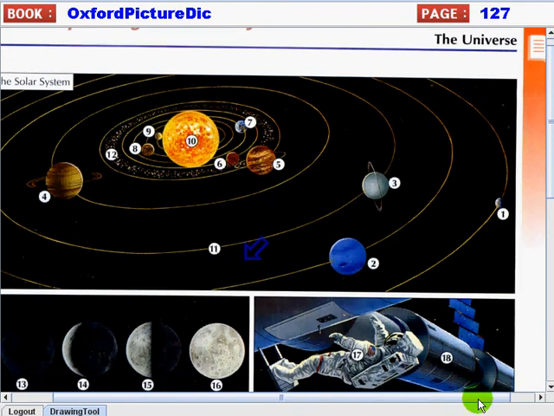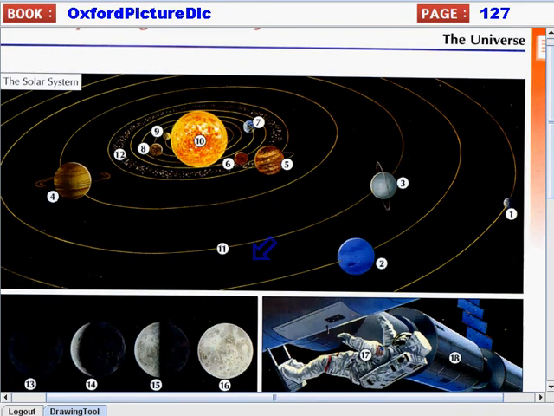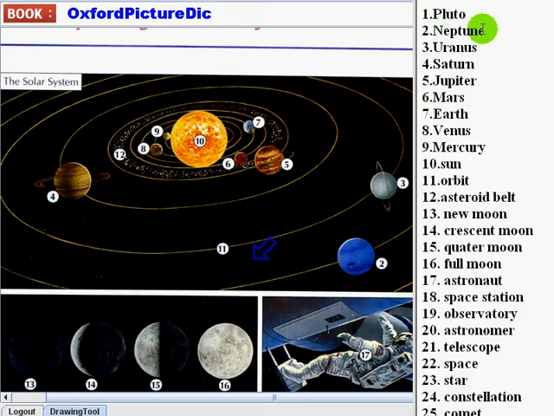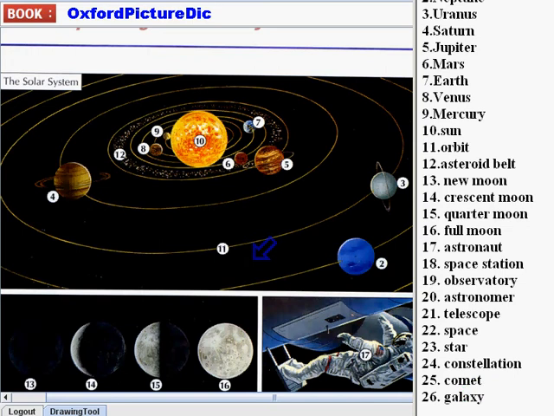The universe. If you remember, we learned the words Pluto, Neptune, Uranus, Saturn, Jupiter, Mars, Earth, Venus, Mercury, Sun, orbit, asteroid belt, new moon, crescent moon, quarter moon, full moon, astronaut, space station, observatory, astronomer, telescope, space, star, constellation, comet, and galaxy.